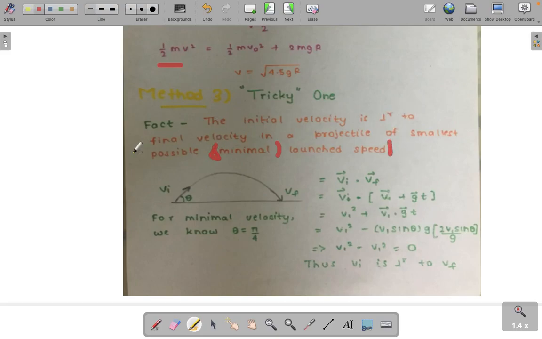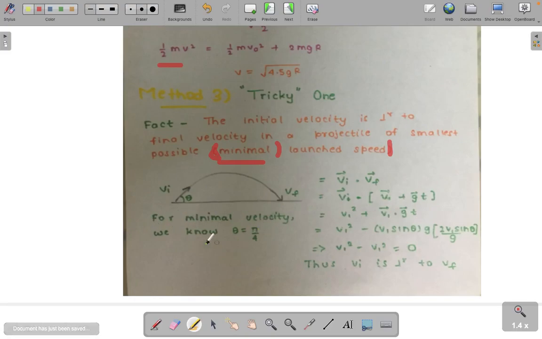So the initial velocity is perpendicular to the final velocity in a projectile of smallest possible or minimal launching speed. So this is applicable in any case of projectile, either on an inclined plane or on the ground. So just for the proof to be simpler, we are considering it on the ground, but it is also applicable on an inclined plane.